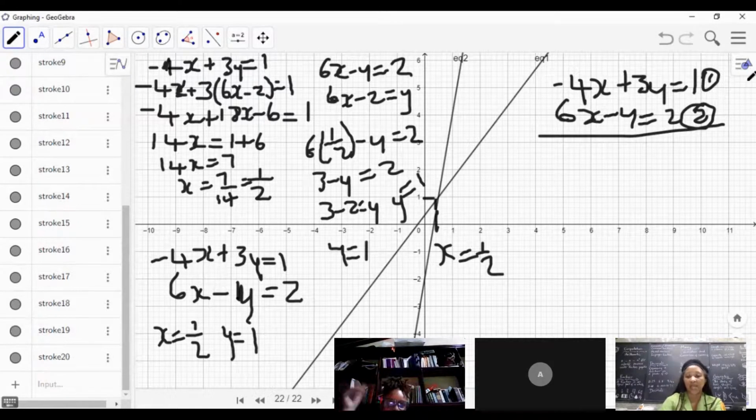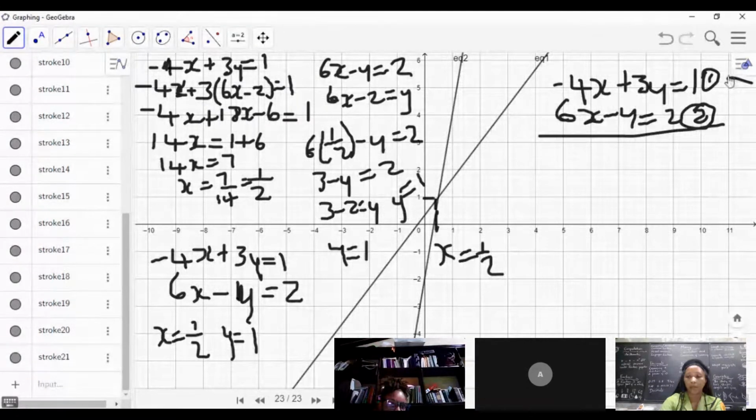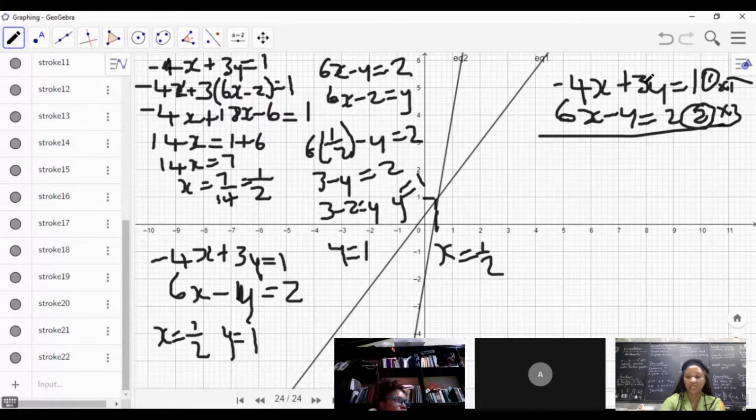So we can multiply that equation by 1 and this equation by 3. So we'd have the same equation at the top since we're multiplying it by 1. And that's equation 3.